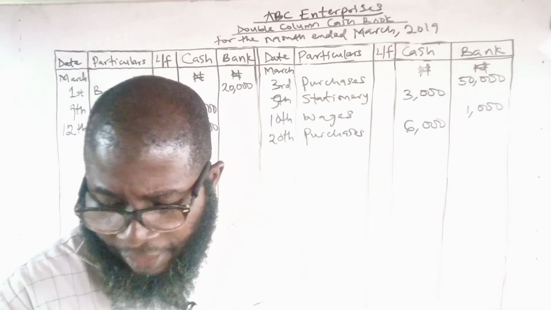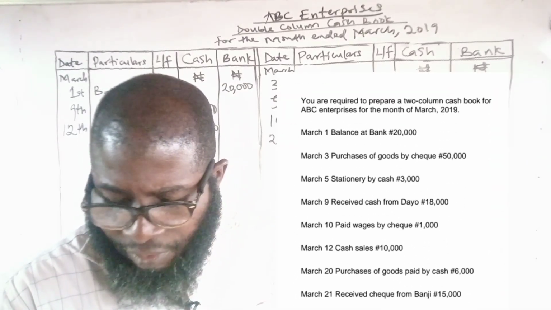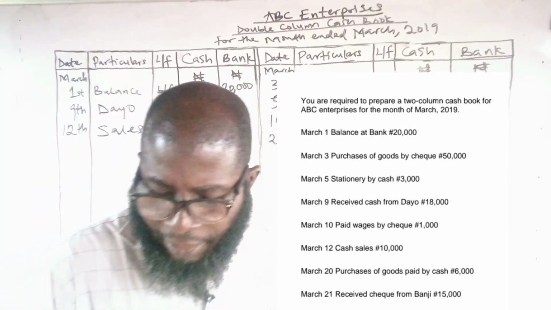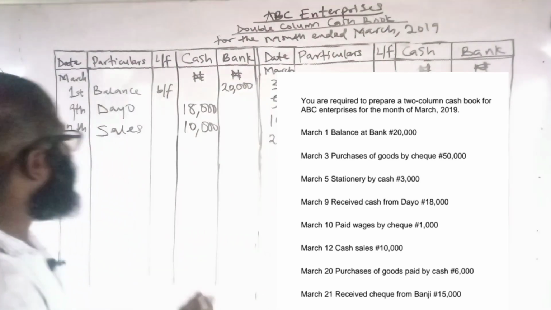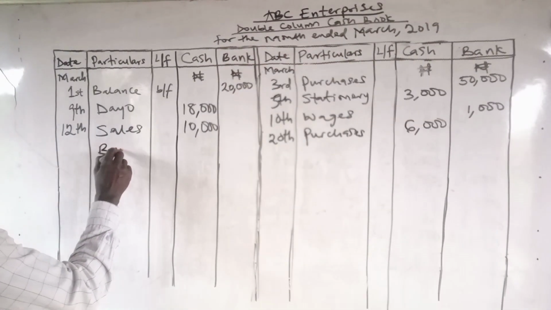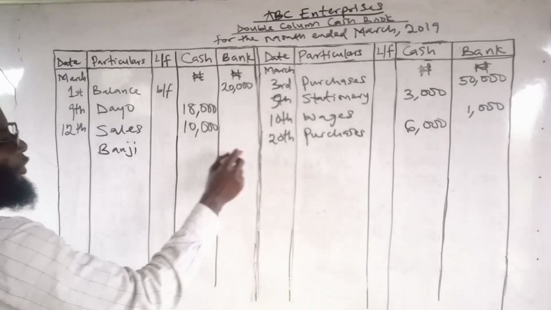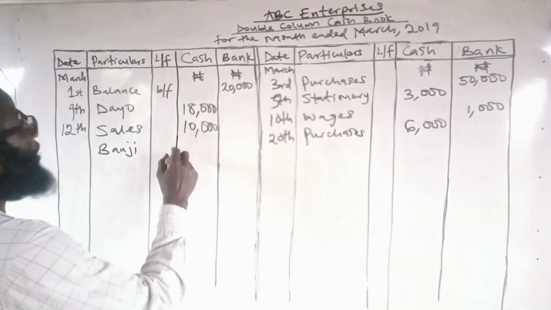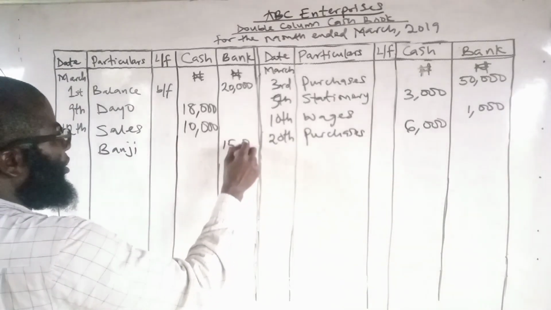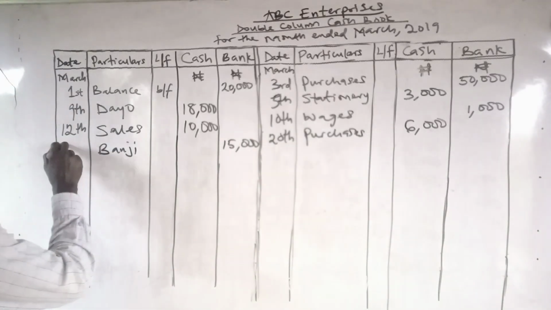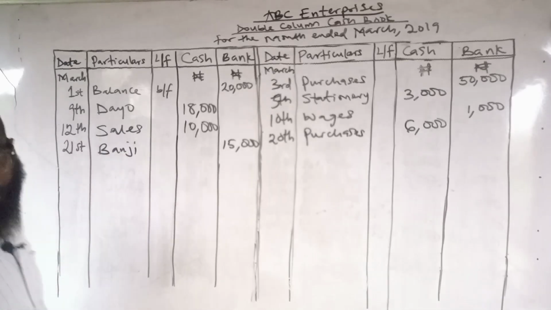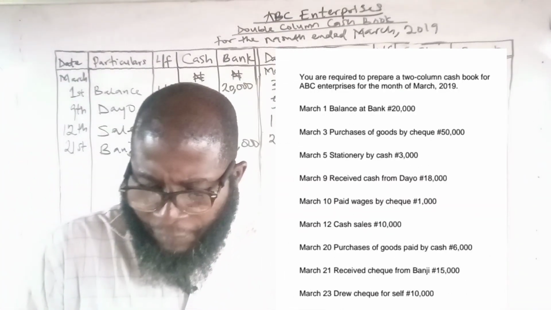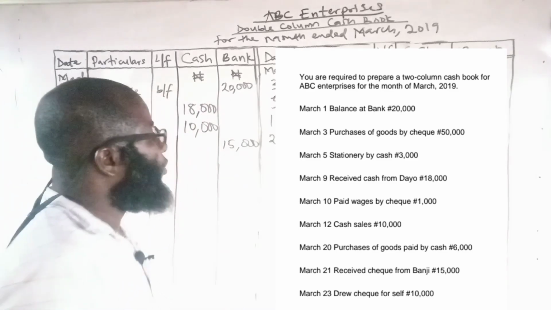Then the next thing, 21st, received check from Banji, 15,000 naira. Banji, then check. How much is it? 15,000 naira. Okay. Then 23rd, drew check for self, 10,000 naira.